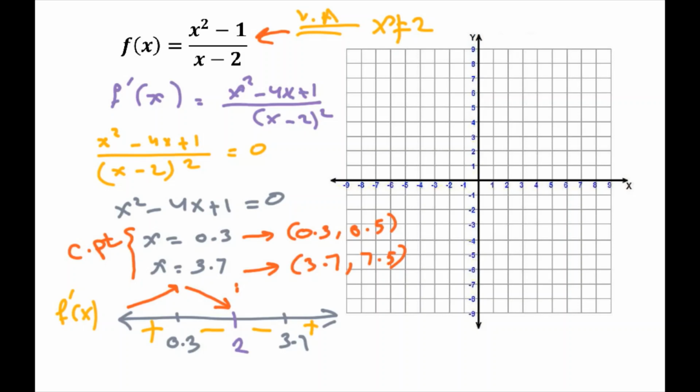Here I have a vertical asymptote. Remember, the function is undefined at this point. Then decreasing again and then increasing. So I have an extreme value here and here.